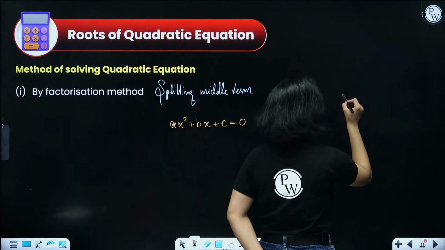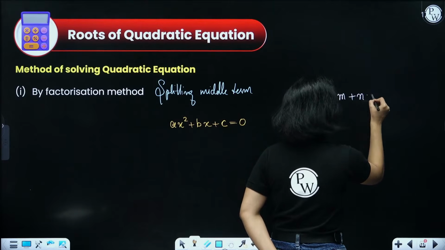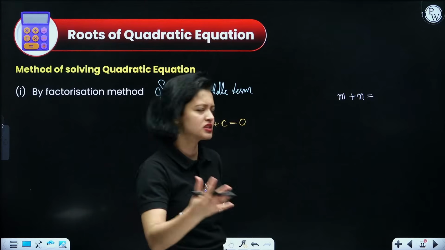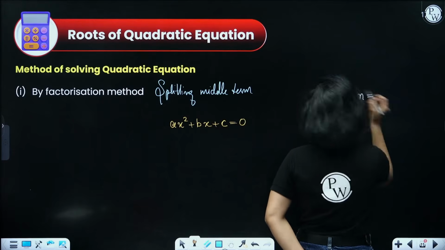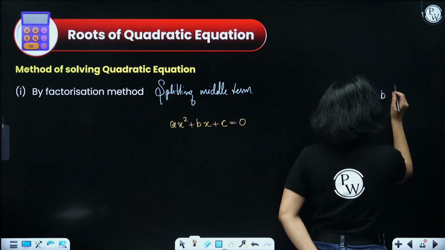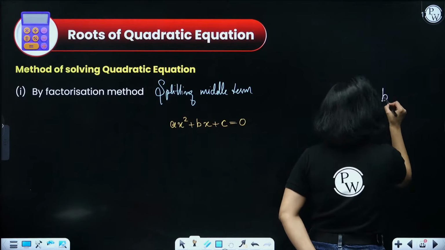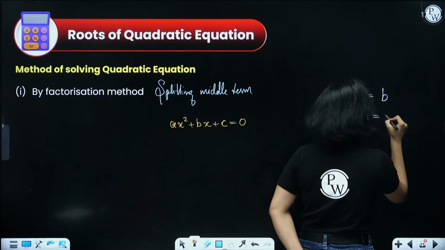Let's suppose my constants are m and n, such that the sum of those numbers should be equal to b and the product of the numbers should be equal to ac.